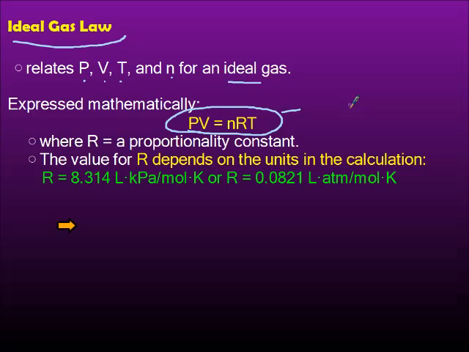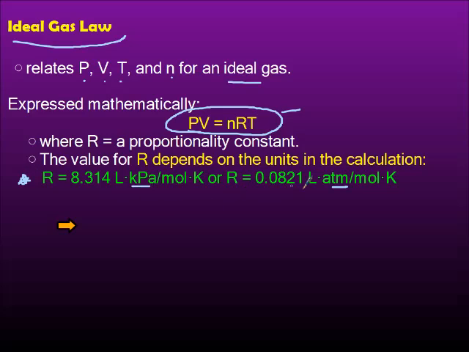Now this one is the same constant no matter what, versus the K, which could change depending on the system. This R has a value, and it has units. Depending on which units you use, R is either 8.314 or it's 0.0821. You better make sure this is written down in your notes, because you're going to have to know this.